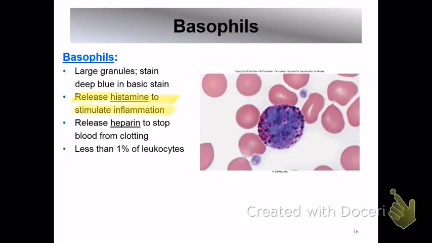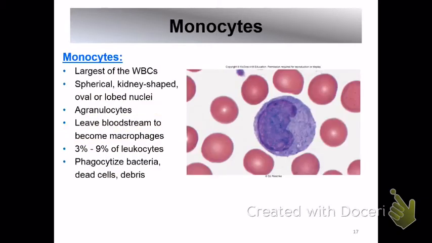So that would stop the spread. That's the purpose of the swelling. It also releases heparin to stop the blood from clotting. So you want to know that histamine is inflammation and heparin is what prevents blood from clotting. It's a very small percentage, less than 1%. So not very high percentage at all. But you want to know histamine and heparin. Basophil, histamine, heparin, 1%.